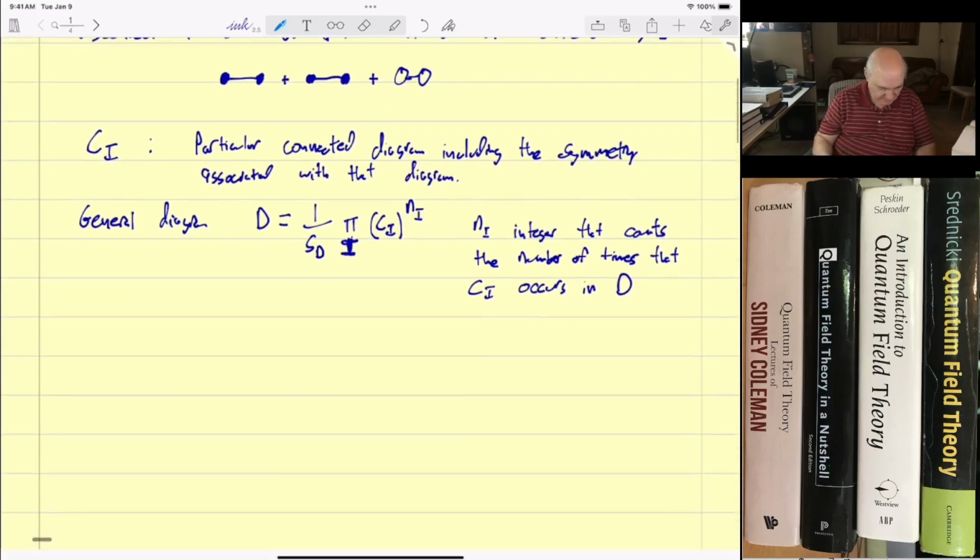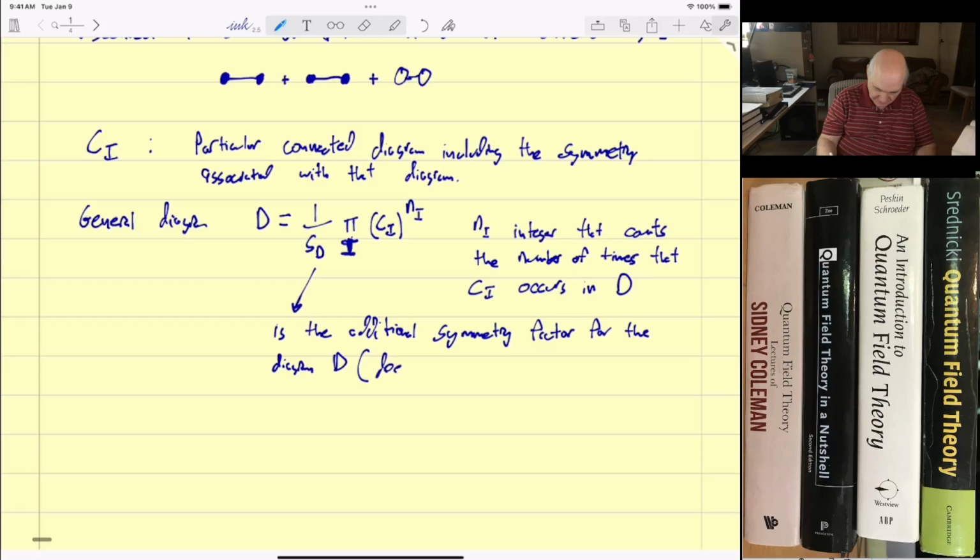And S_D, this is the additional symmetry factor for the diagram D. Okay, so it doesn't include the symmetry factors already included in C_I.